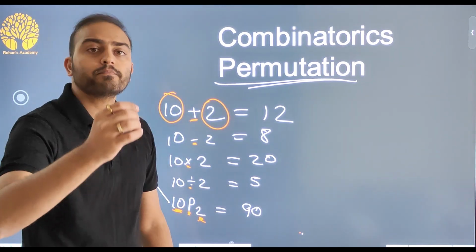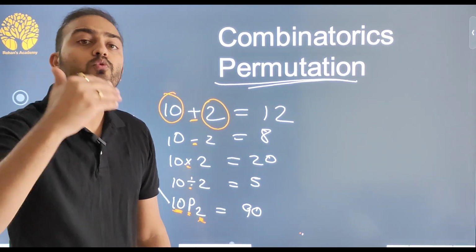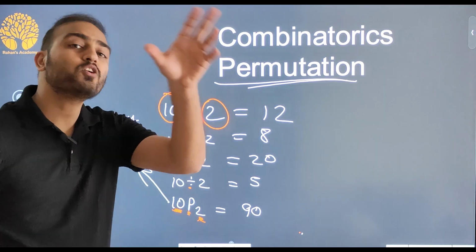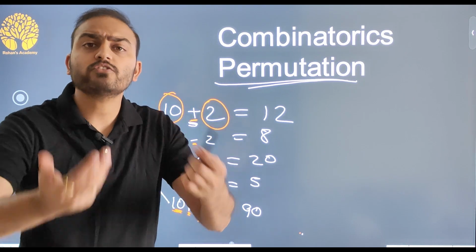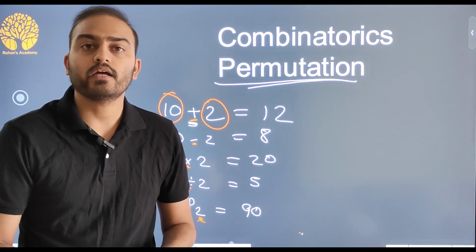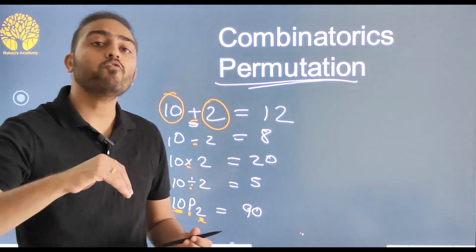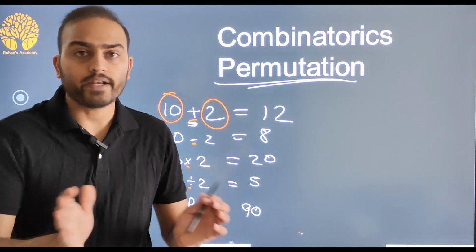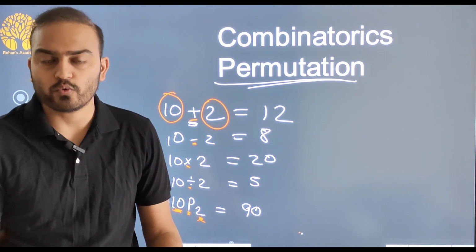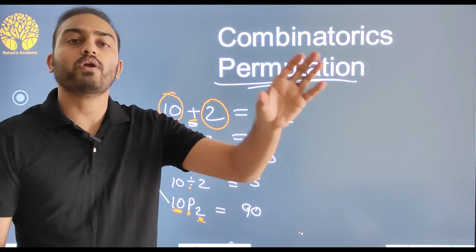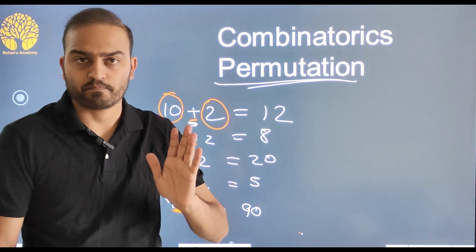For example, if there are 10 students and 2 more join, the plus sign tells you that in total there are 12 students. It doesn't tell you which 12 students are there. Similarly, permutation will tell you how many arrangements are possible. It won't tell you what the arrangement is going to be. It's only going to tell you the net result, that these are the different ways.